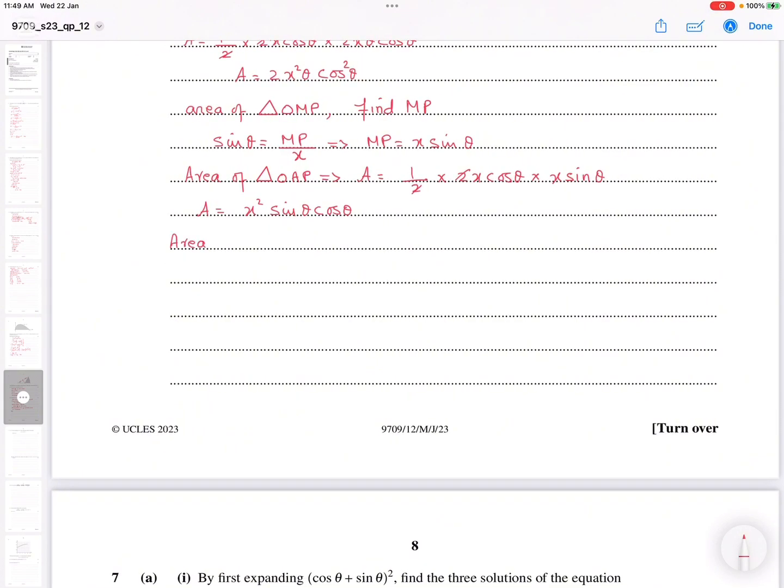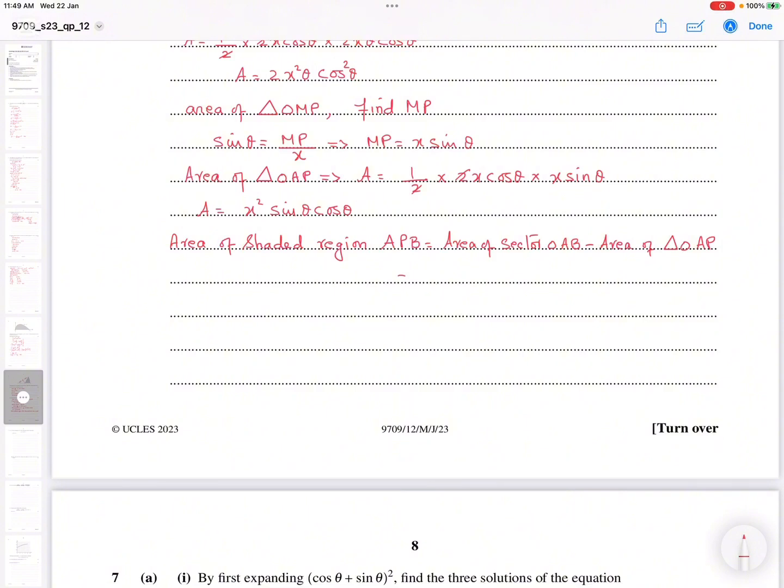Area of shaded region APB would be equal to area of sector OAB minus area of triangle OAP.